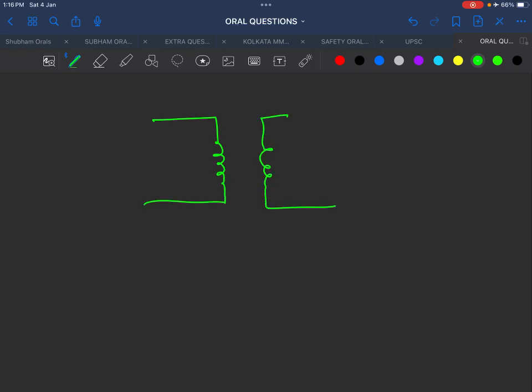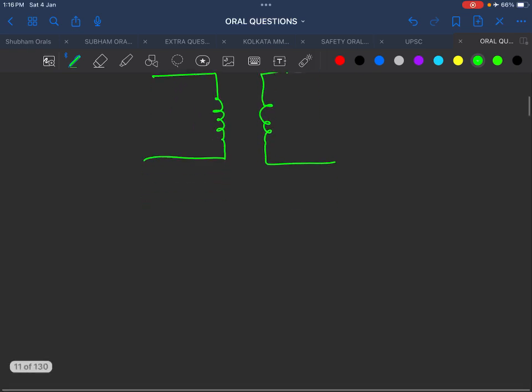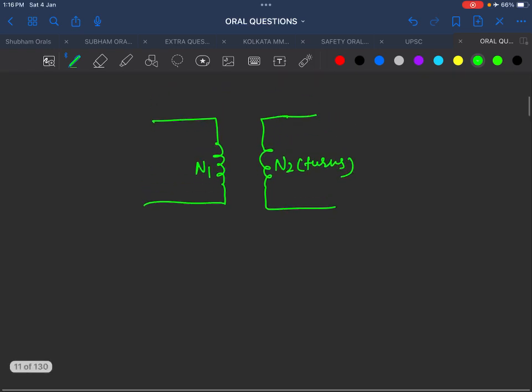So this is my N1 turns and this is N2 turns.